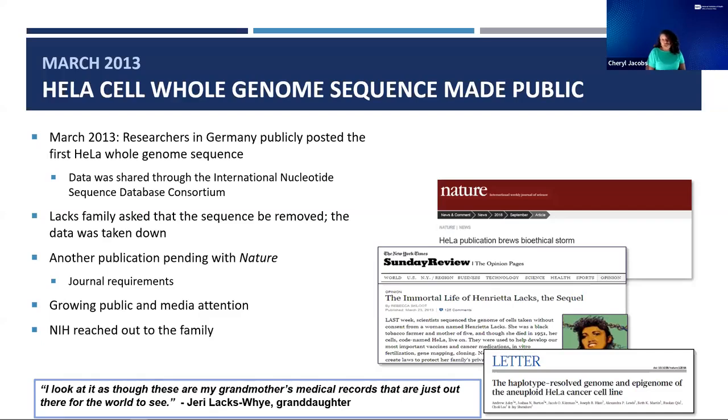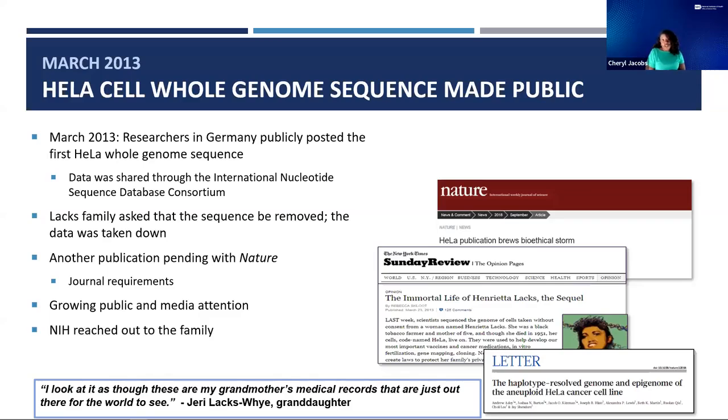The German researchers complied with the request of the Lacks family, and they removed the data. But at the same time, an NIH-funded publication that had also sequenced HeLa cells was pending in Nature, and per the journal requirements, they were required to share that data in some sort of repository, and they were going to share it in an unrestricted access repository.